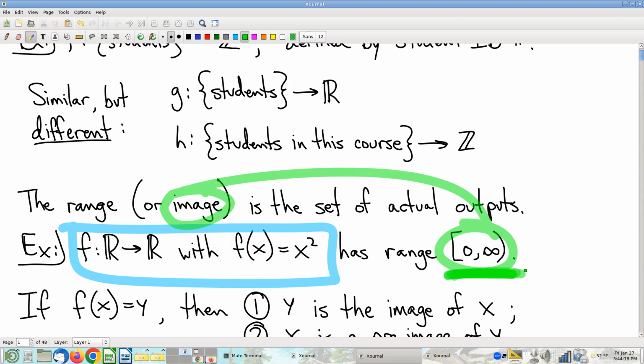Right? So notice the image and the target are not the same thing. Okay, so in some sense, you might say that the image is like the smallest possible target.